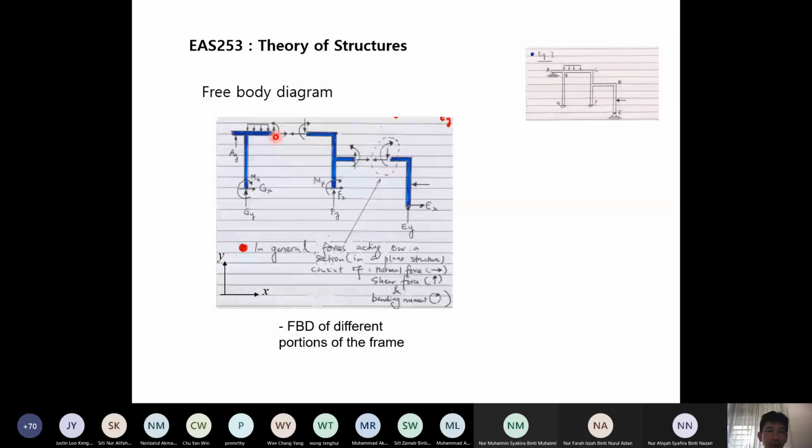Okay. So in general, forces act on the sections. When you cut through, you see the forces appear. In general, the forces acting on sections in planar structures are 3: axial force, shear force, and bending moment.